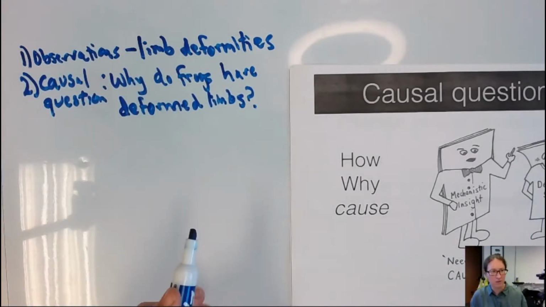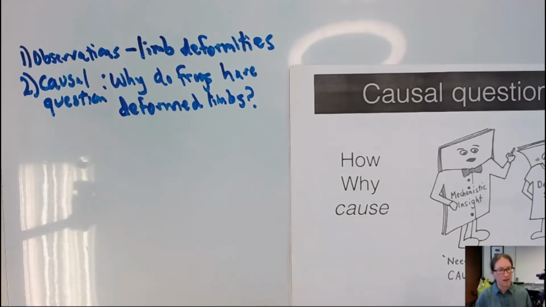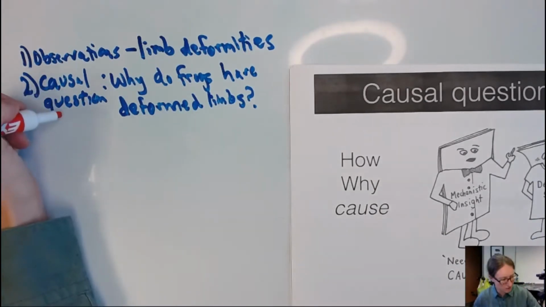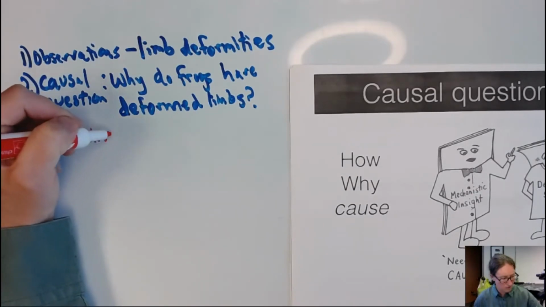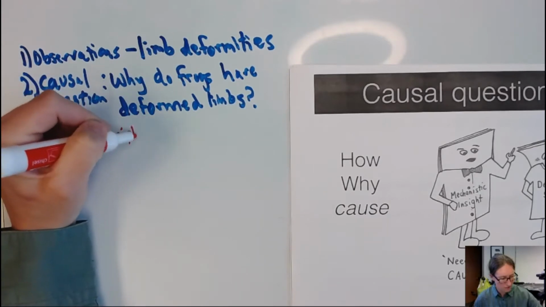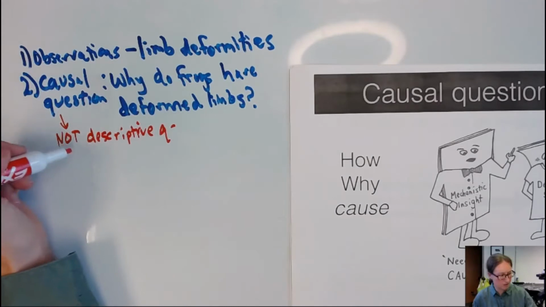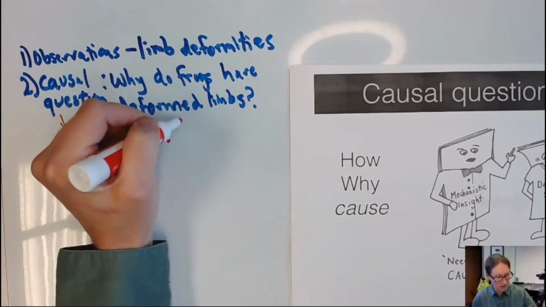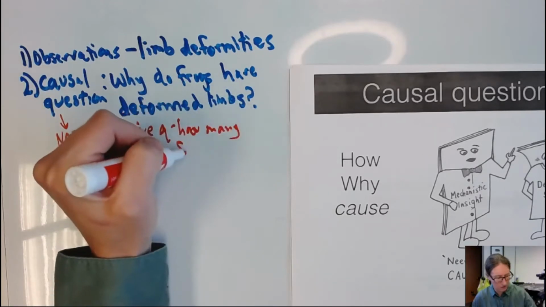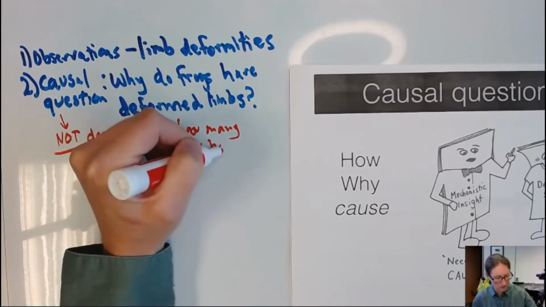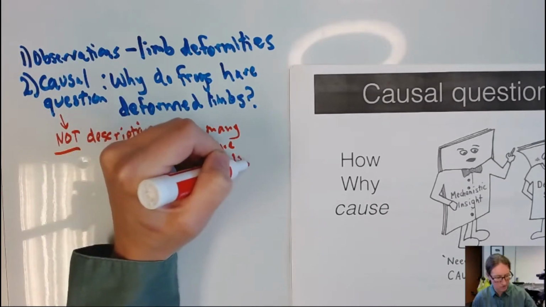And I want to note, so one thing to distinguish between here is that a causal question is distinct from a descriptive question. A descriptive question would be something like, how many frogs have deformed limbs?